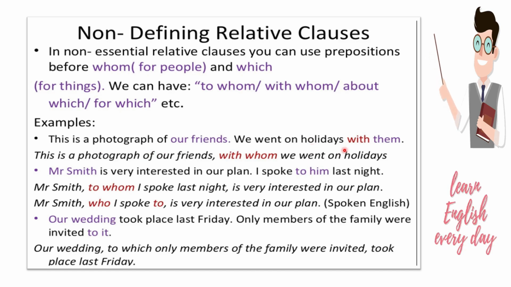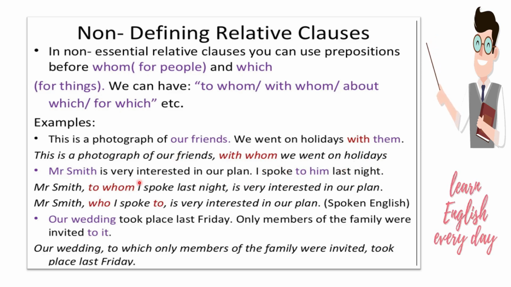We went on holidays with them. So with them and our friends are the two similar expressions. The sentence now is: this is a photograph of our friends, comma, with whom we went on holidays. With whom we went on holidays is just extra information about our friends.